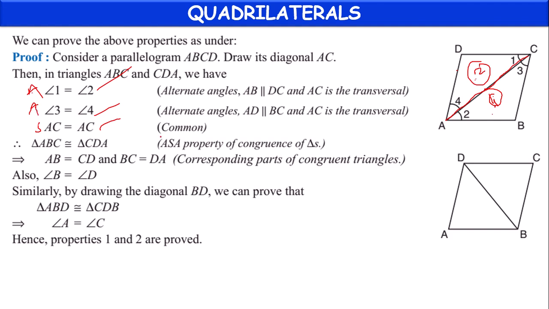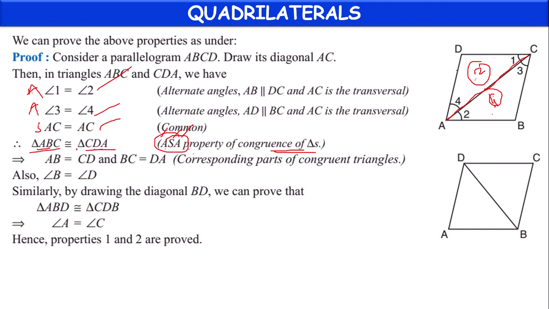This is called the angle side angle property of congruence. So the two triangles are said to be congruent. By the ASA property, triangle ABC is congruent to triangle CDA.